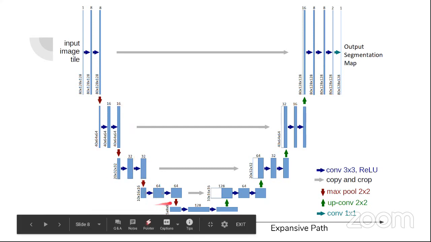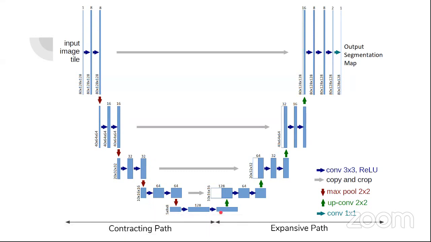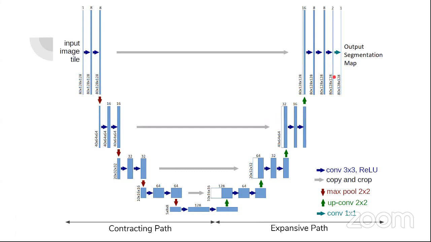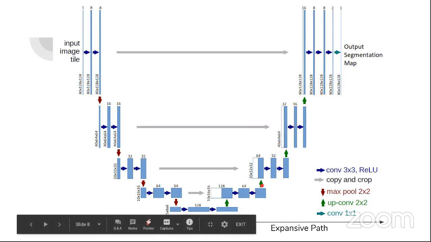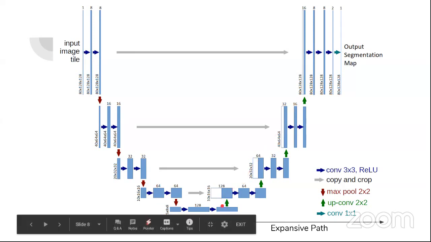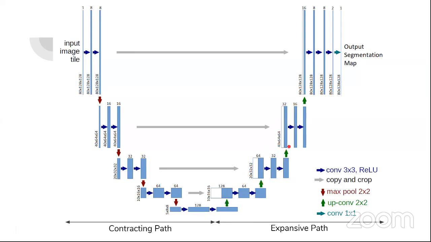At the bottom of the U, the reduced input dimension will go down to 5 by 8 by 8 with 128 channels. And then we go on to the expansive path, where we bring the image dimension back up to the original input size through upsampling the output from the previous layer. We upsample by basically doubling each voxel, doubling the size of each dimension.